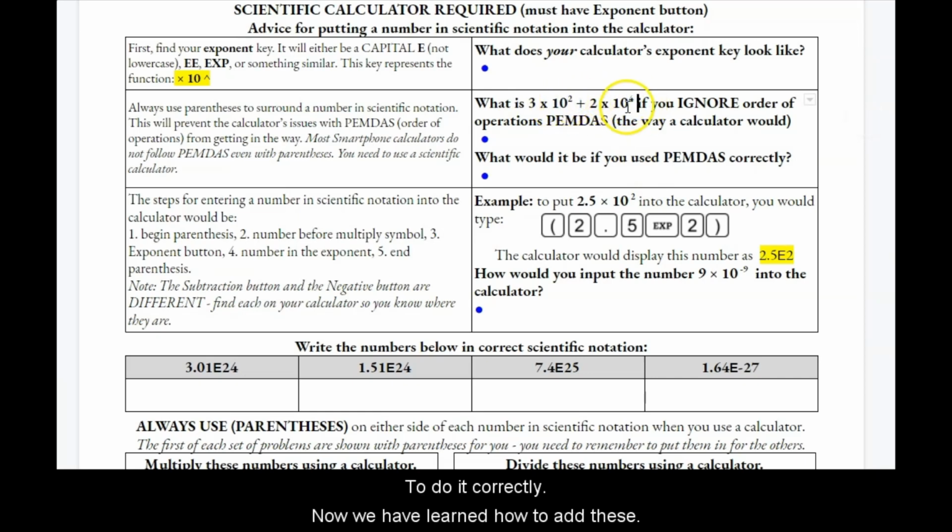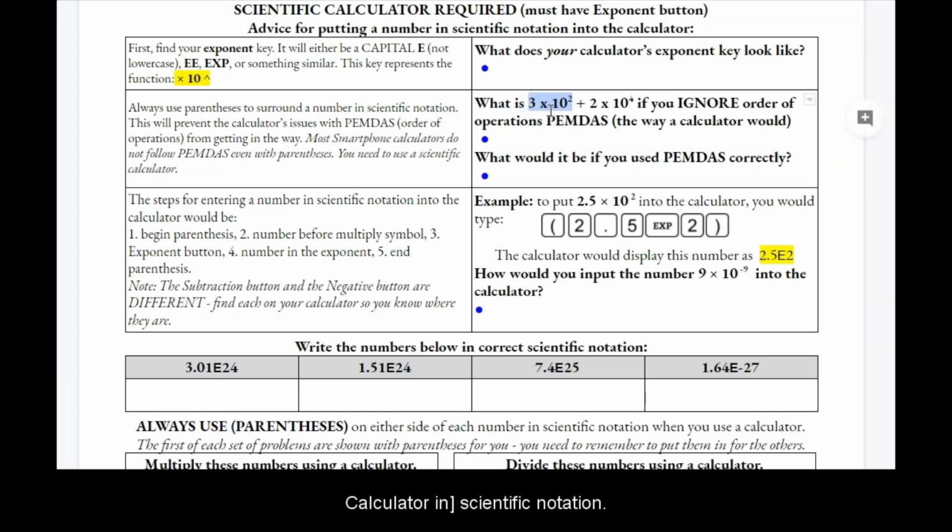Now we have learned how to add these, and so we could figure it out by hand, but now that we're using a calculator, why don't we go ahead and do that? So let's solve this first one using PEMDAS correctly, because we're going to be using the parentheses. In order to do that, we need to know how to put a number like this into scientific notation.